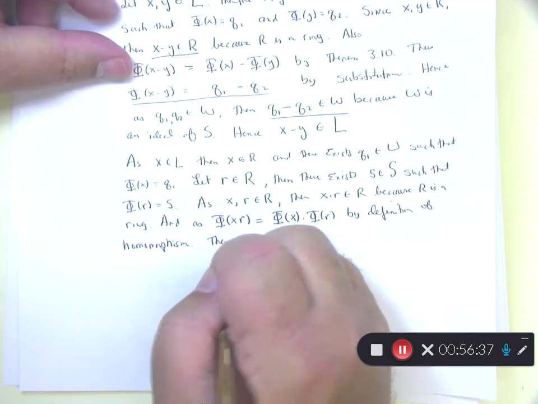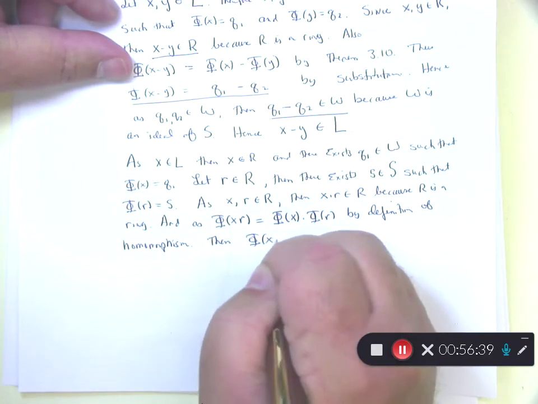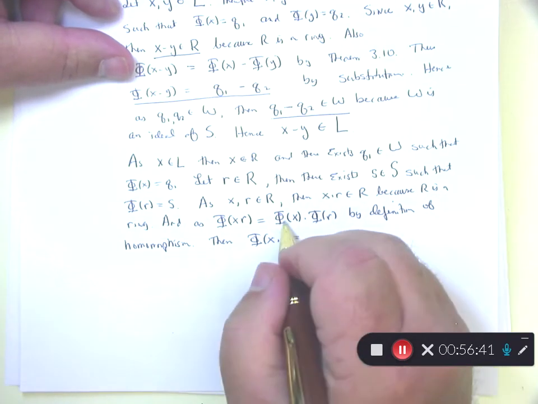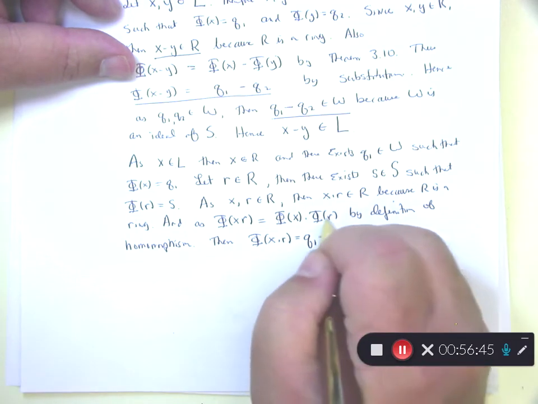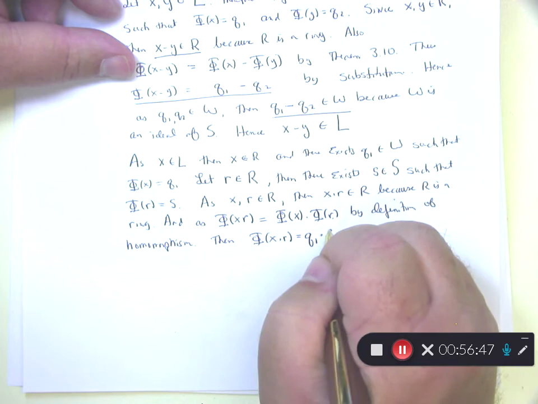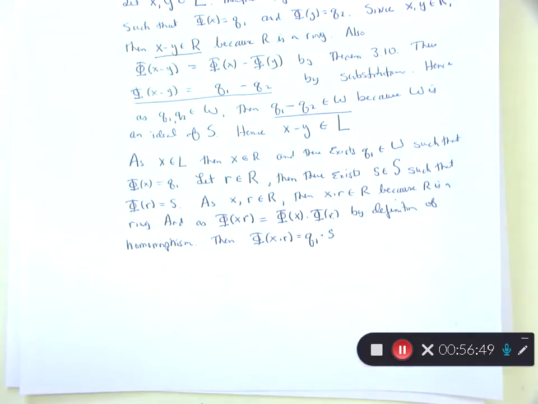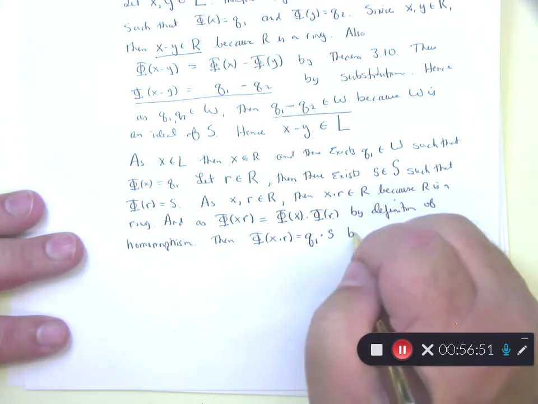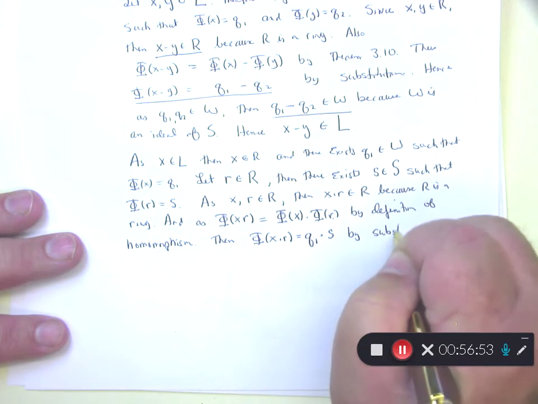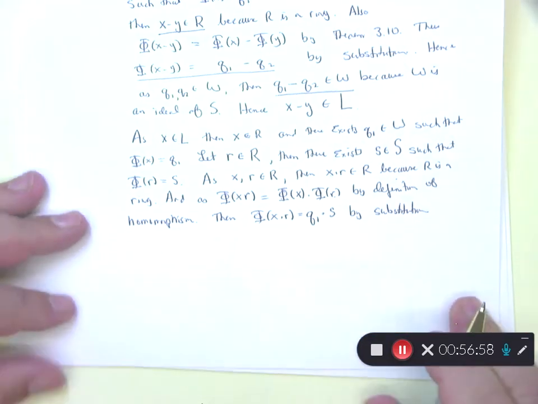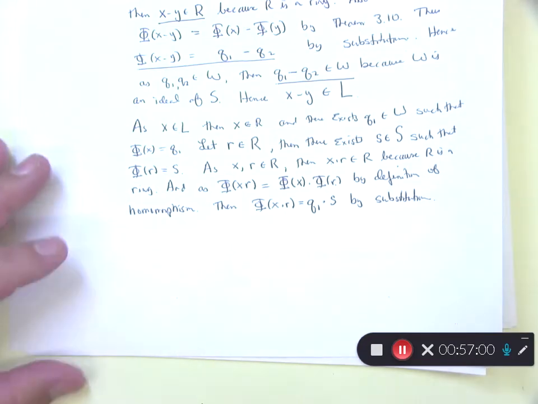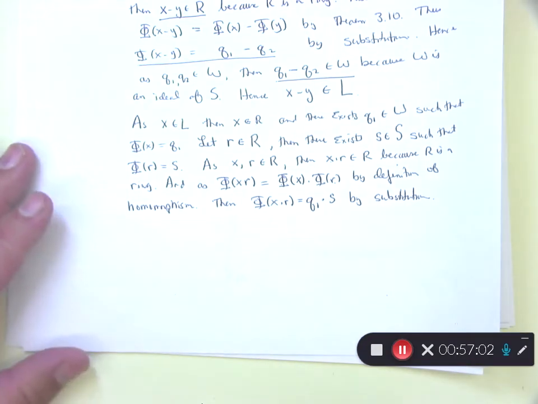Then phi of x times r is equal to, now phi of x was equal to q1, phi of r mapped to s. So that's equal to q1 times s by substitution. Okay? But here it comes. Always pay attention to where elements are.